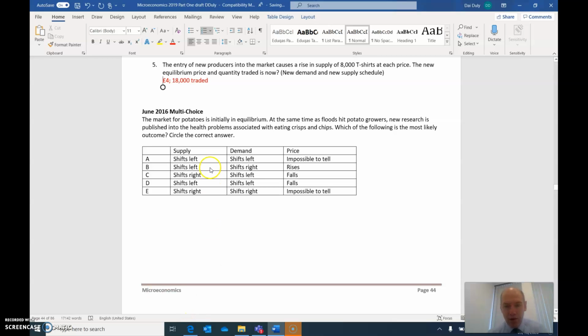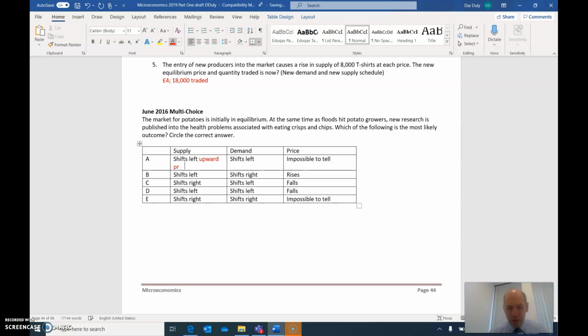You guys should know that when you shift your supply curve left, and I hope everyone draws a demand and supply curve, put in OP and OQ, your initial equilibrium, and draw a leftward shifting supply curve, that is going to put upward pressure on price.